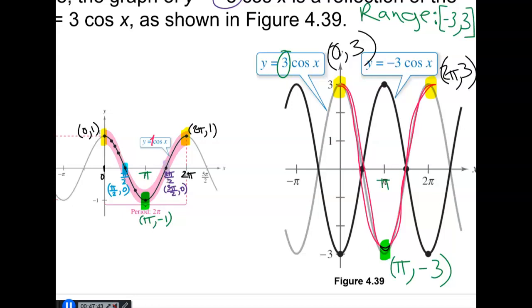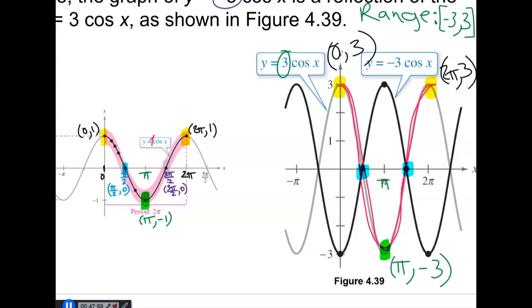And we use square brackets because they're included. Now the x-intercepts are easy because they're just going to be the same. So when you have a vertical stretch, the x-intercepts don't really change.